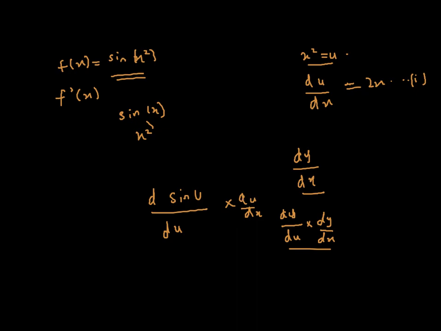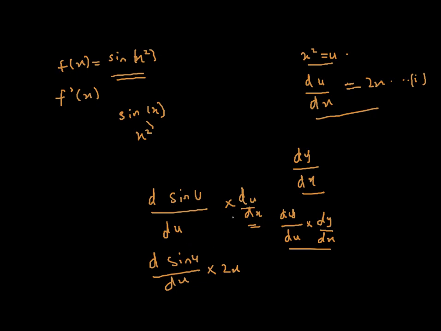Does something look familiar to you? Yes. In equation 1 we proved that du by dx is just 2x. So it's made simple: d of sine u by du into 2x, because du by dx is just 2x. We are substituting equation 1 here.